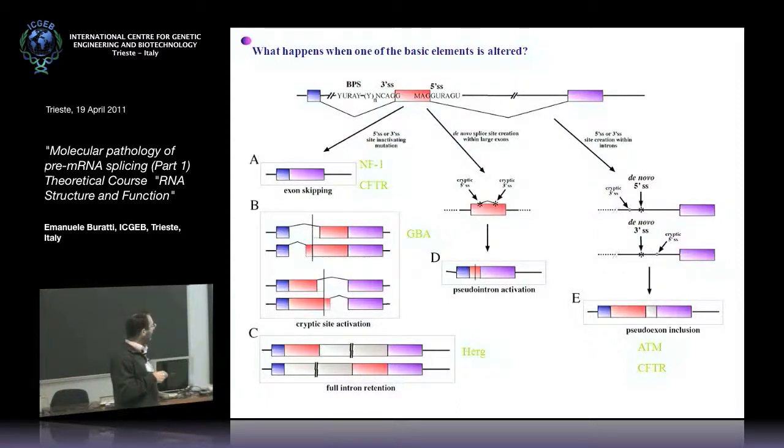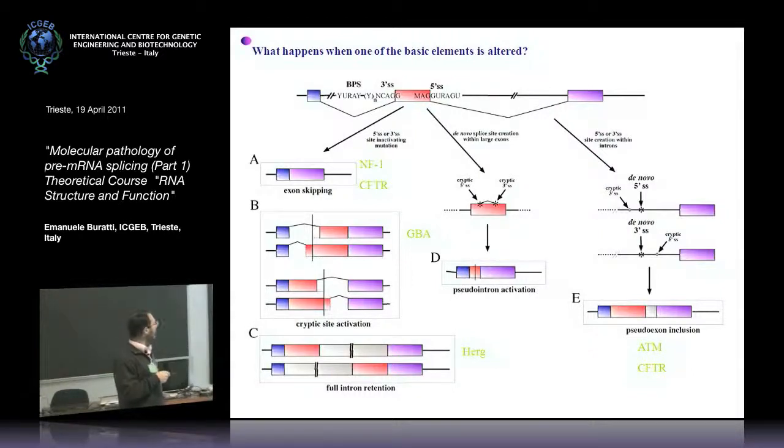And then another quite common consequence, because people have now started looking for it specifically, is that when mutations fall outside a known exon or in the nearby intronic sequence, they sometimes can actually create new 5' or 3' splice sites.